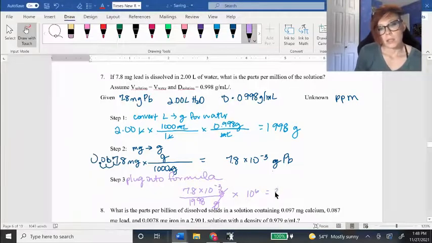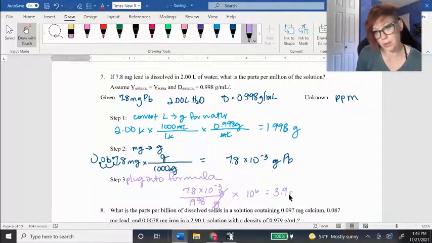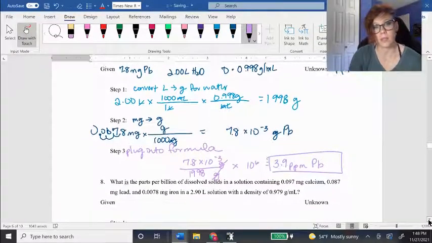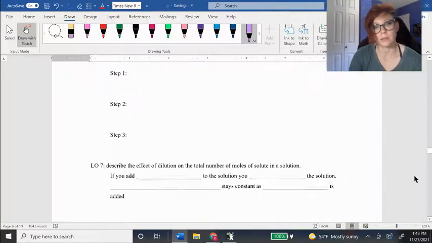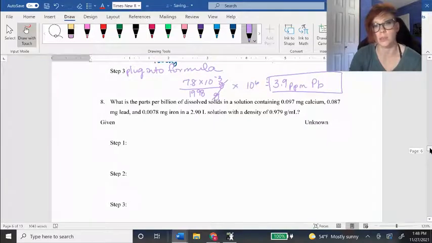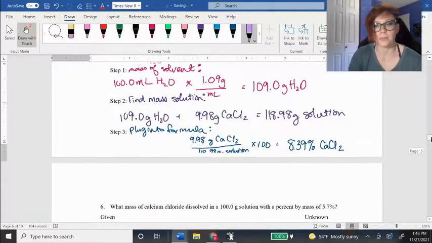So this is 3.91, 3.9, so 2 sig figs, 3 sig figs, so 2 sig figs. 3.9 parts per million lead. Okay. Again, number 8, you can do for extra credit, but that one is doing parts per billion instead of parts per million. Same type of concept there.